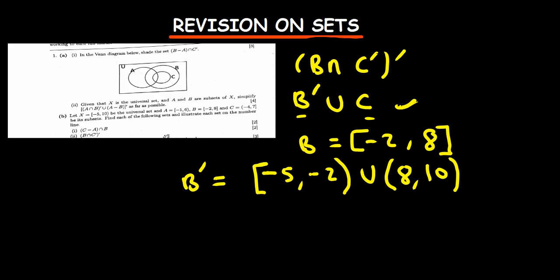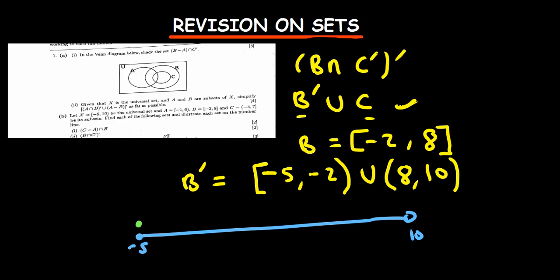So here it is going to be closed at -5. Then I have that it's open at 10. Then to plot this, it goes from -5, closed up to -2.